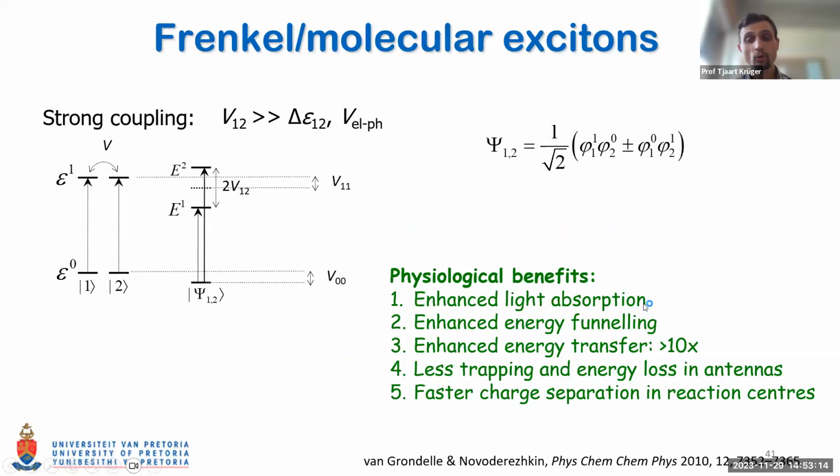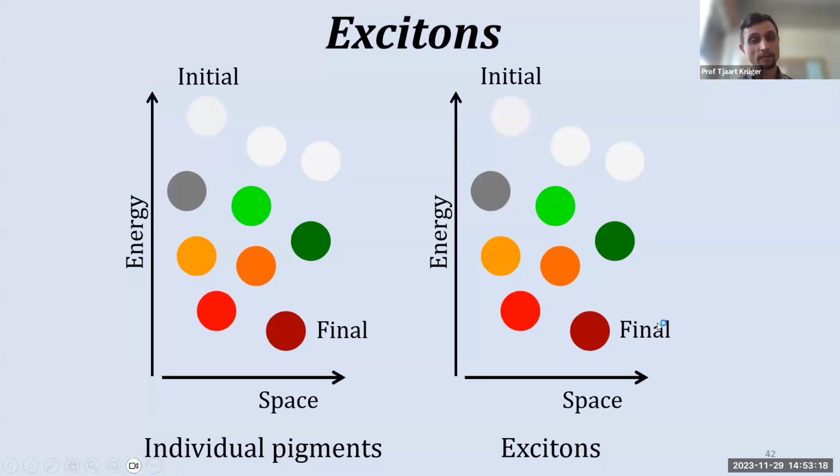And at the same time, it also enhances energy funneling. To illustrate that, let's have a look at this cartoon. These are the different energies of our individual pigments as a function of their spatial position. Now if you just consider all the individual pigments separately and energy transfer amongst them, like in the first picture, it would require, in this case, 7 individual steps.